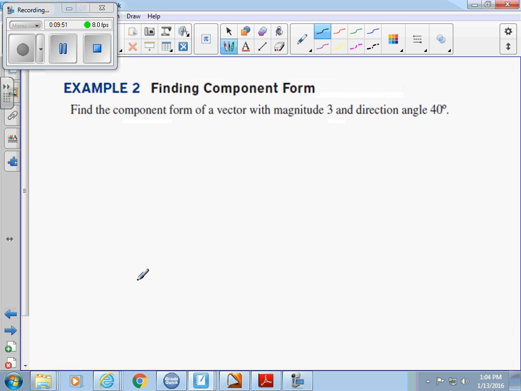Okay, find the component form of a vector with magnitude 3 and a direction angle of 40 degrees. When in doubt, draw yourself a picture.